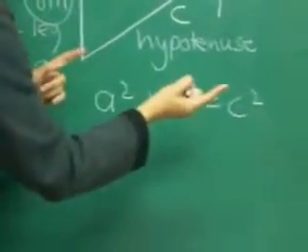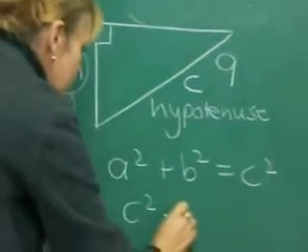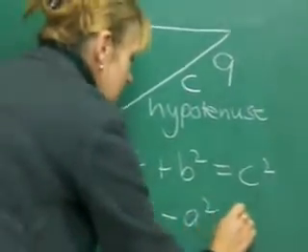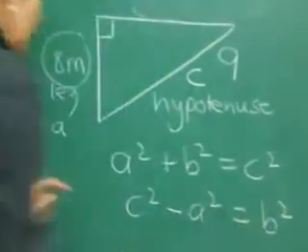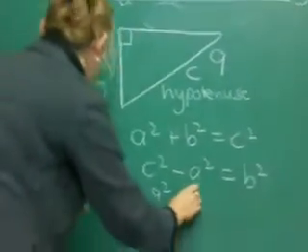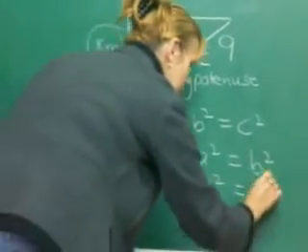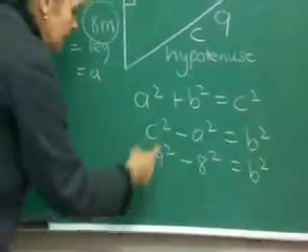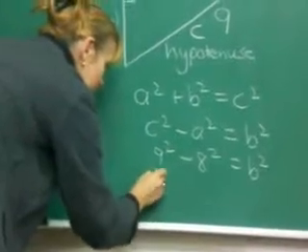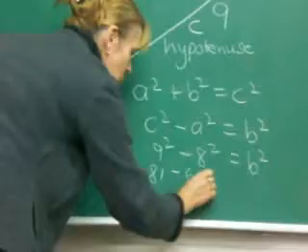Then we can say we have C, we have A, so C squared minus A squared is equal to B squared. And then we would say 9 squared minus 8 squared is equal to B squared. Now 9 squared is 81 minus 8 squared, which is 64.